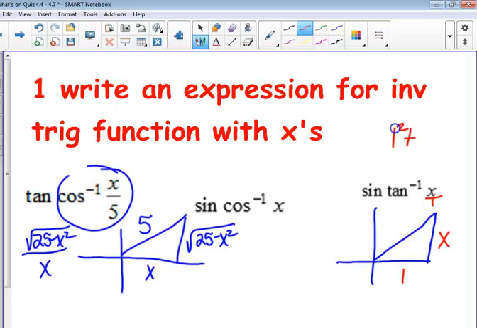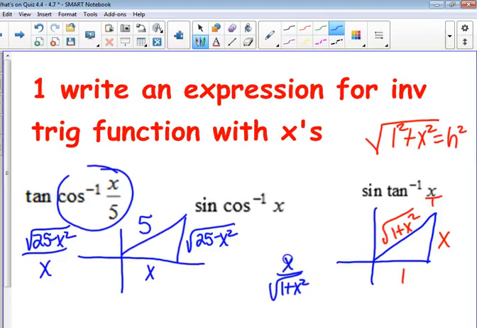It's leg squared plus leg squared equals hypotenuse squared, right? Please don't write that. What is 1 squared? Okay, so it is the square root of 1 plus x squared. It's icky though. What's the sine? Opposite over that.